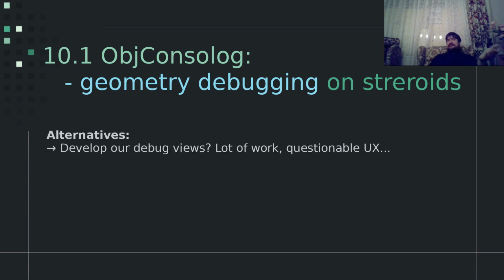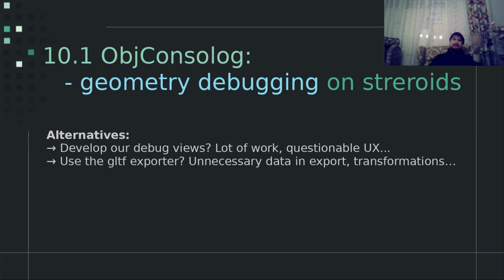So there are alternatives. As I mentioned, you can develop your own debug views, a lot of work. Who knows what the developer experience is when using that. You can maybe use a glTF or other scene exporter and export the whole scene. That kind of works, but you get a lot of trash, data that you don't need.